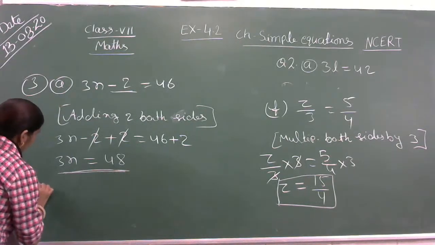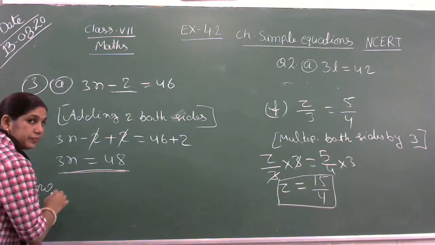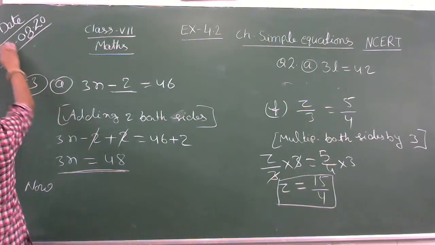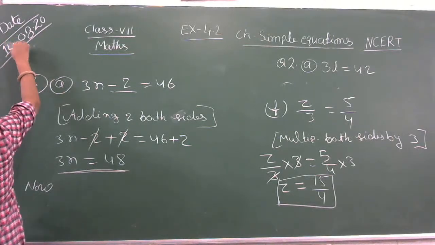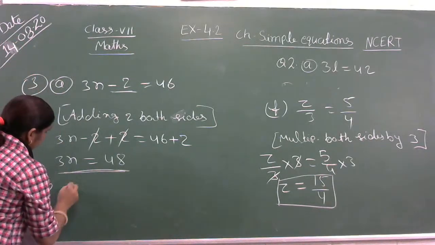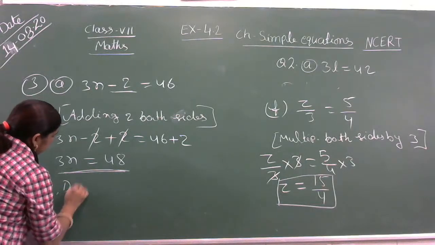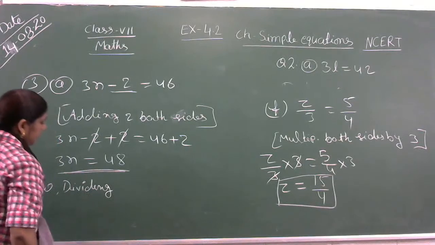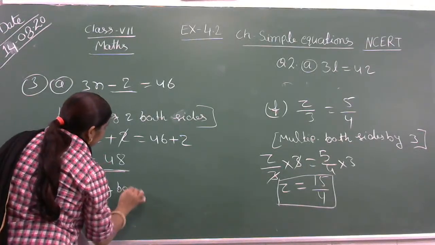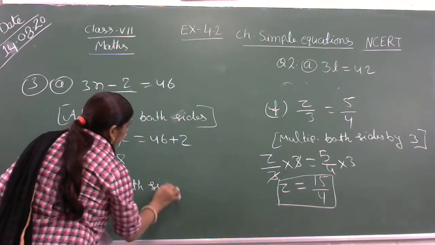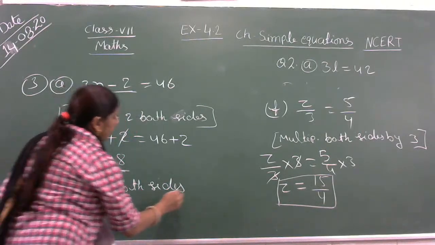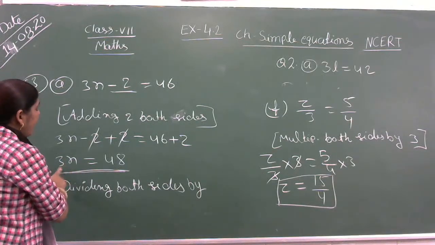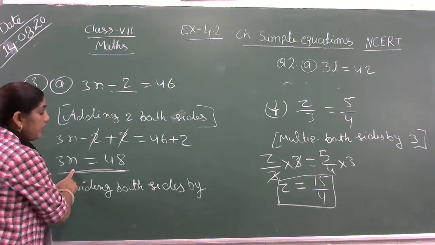So now dividing both sides by what? 3. Because 3n means multiplication is given here.